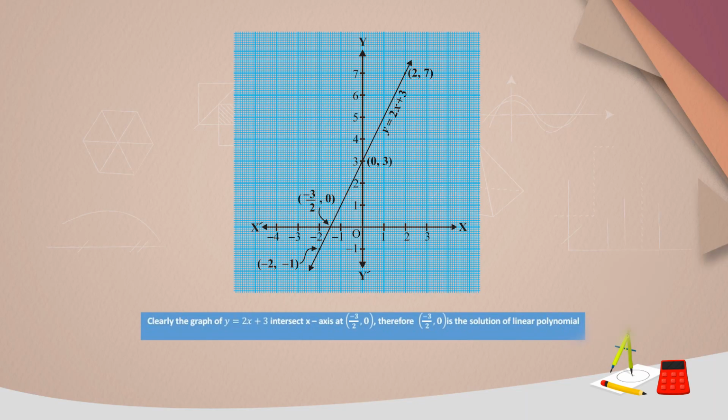So children, clearly you can see the coordinates of the point where it intersects the x-axis. The coordinates are minus 3 upon 2 comma 0, because it is on the x-axis, so the y coordinate is 0.